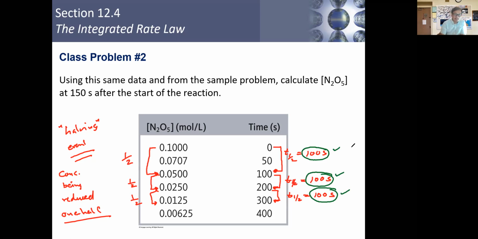That is what we refer to as the half-life, the half-life concentration time. If you see that, you know then that this reaction, whatever the reaction may be, is going to be a first order reaction.